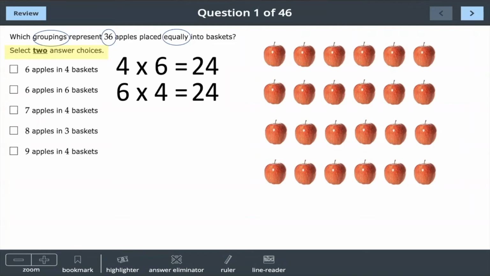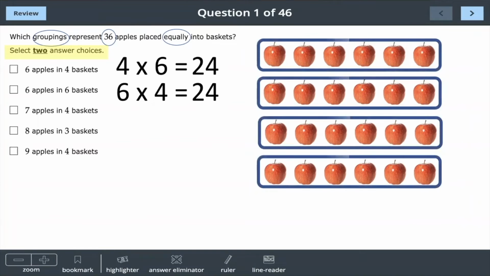I can count them individually, or I can use skip counting to help me count them faster. Let's skip count by 6. 6, 12, 18, 24. 24 is not equal to 36.